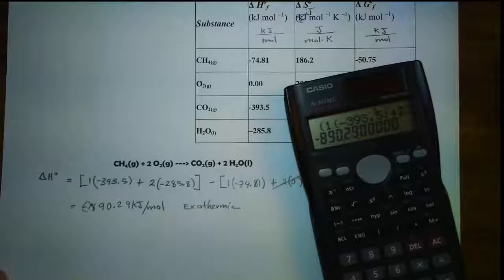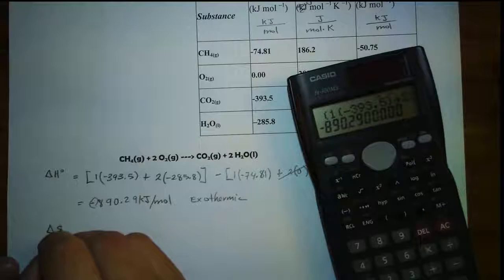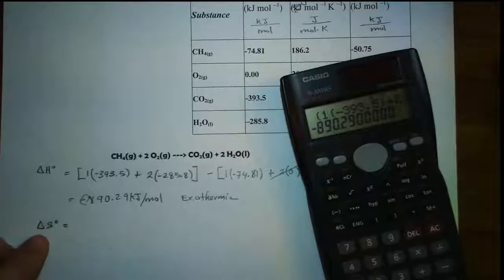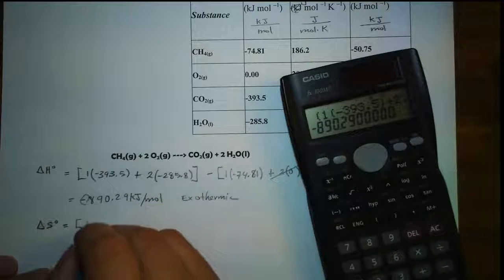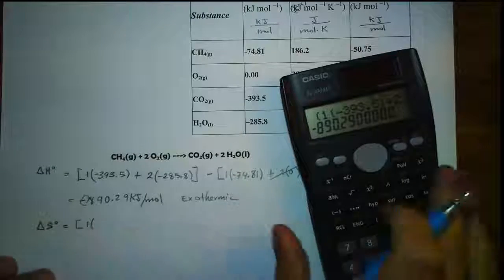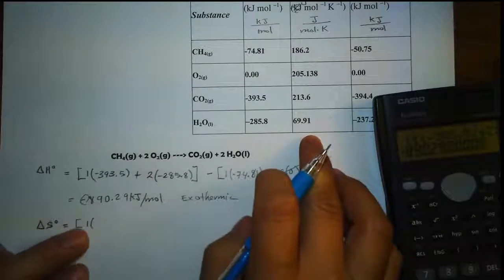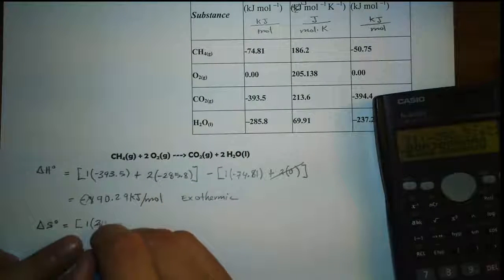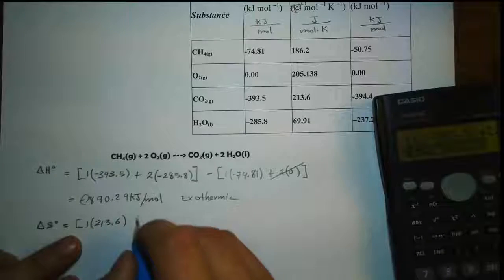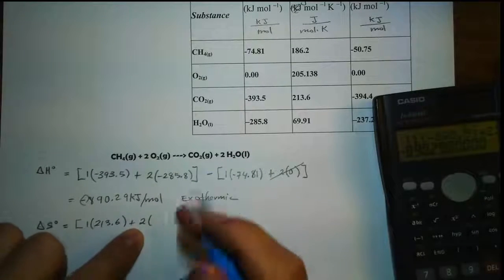Isn't that easy? Next, let's solve for delta S, which is standard formation of entropy. For delta S, the same thing, product minus reactant. So we have 1 mole of carbon dioxide, and we look at the values for delta S formation, which for carbon dioxide is right here. It's 213.6, and then we have 2 moles of water.